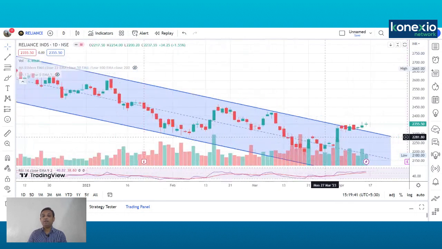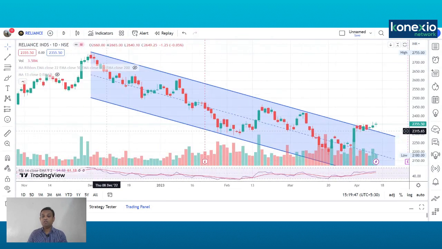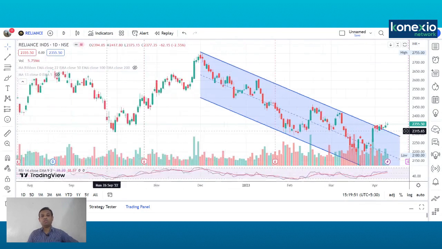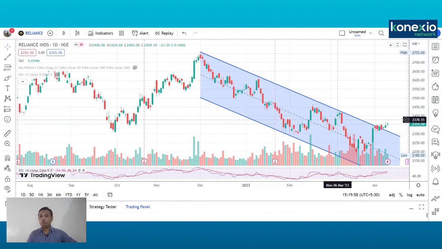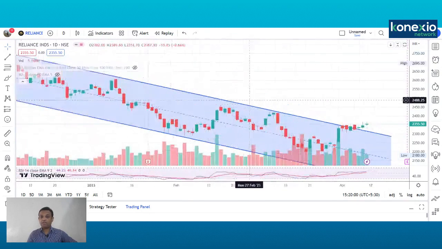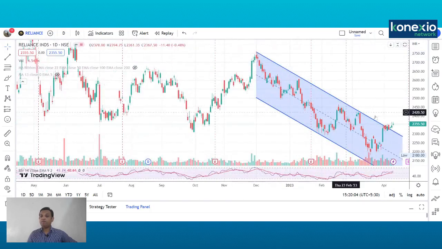You can clearly see. But this is the first time since December 2022 the stock has managed to break out and close above the resistance trend line. You can see 3 times or 4 times the stock has failed to break out of this falling channel, but for the 5th time it has broken out, supported with strong volumes.